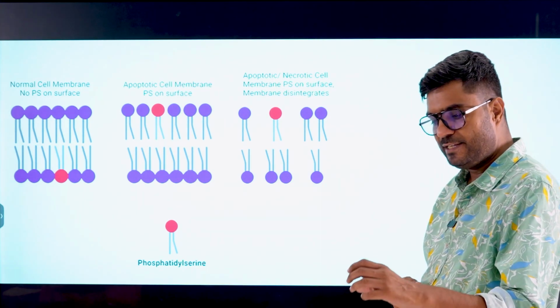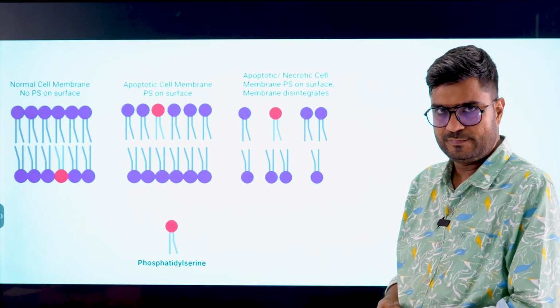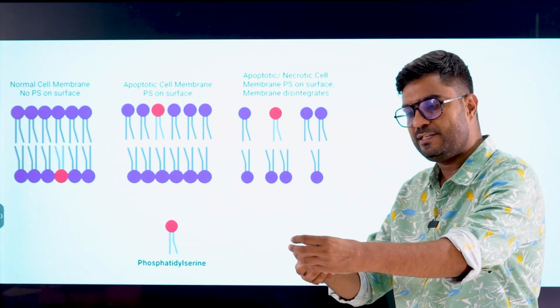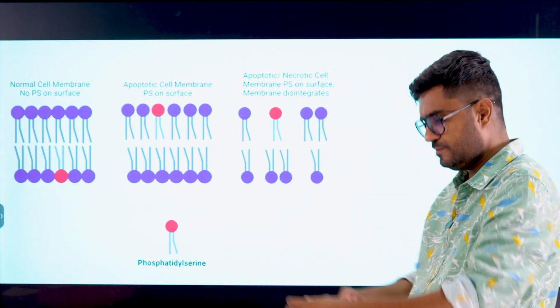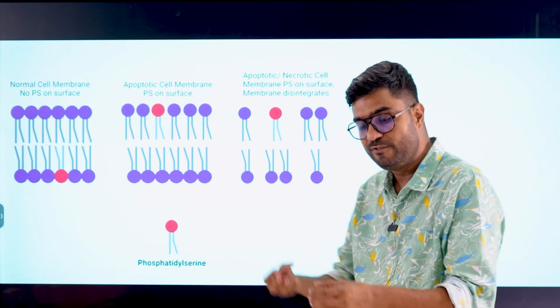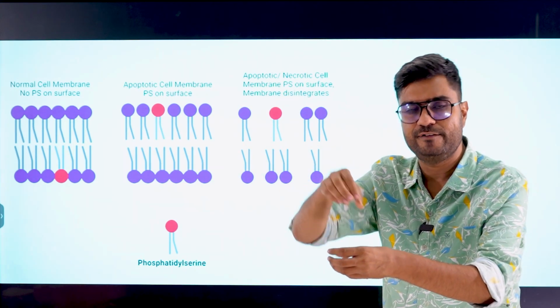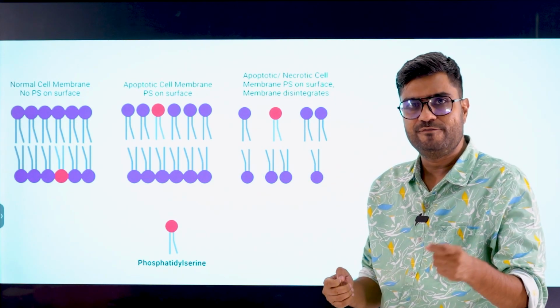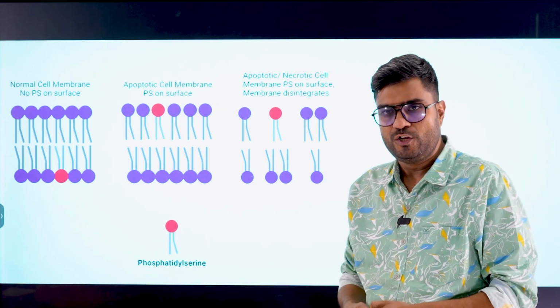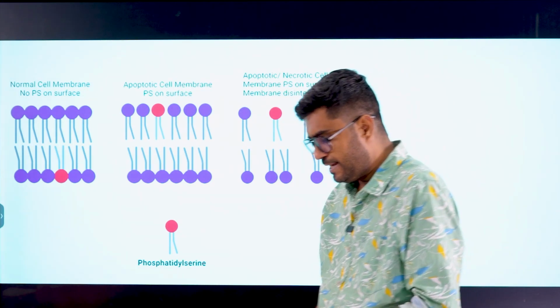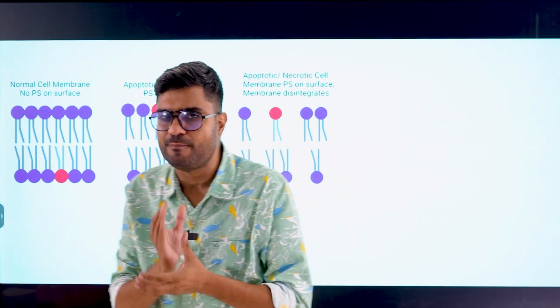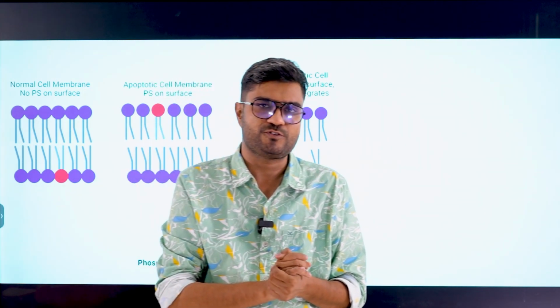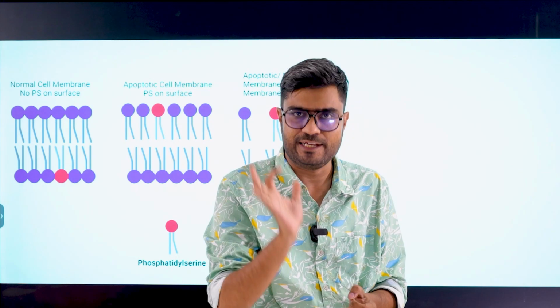So we will take the cells, in a single cell suspension, and add Annexin 5 labeled with the fluorescent dye FITC. What happens? The Annexin 5 specifically binds to the phospholipid phosphatidylserine.